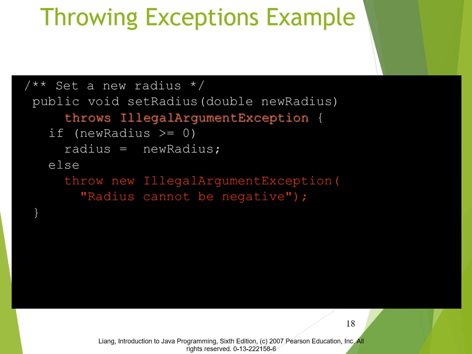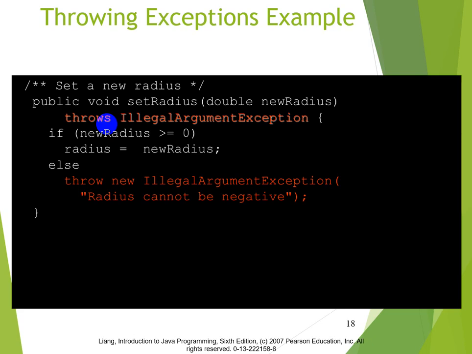Okay. There is an example of throwing the exception. For example, you have a setRadius method which throws the illegal argument exception. For example, there is an argument that has been accepted from the user, and you want to verify whether this radius provided by the user into the method is following the prescribed range or not.